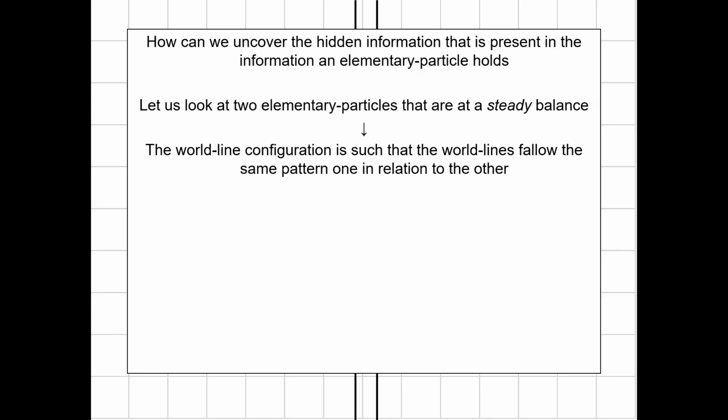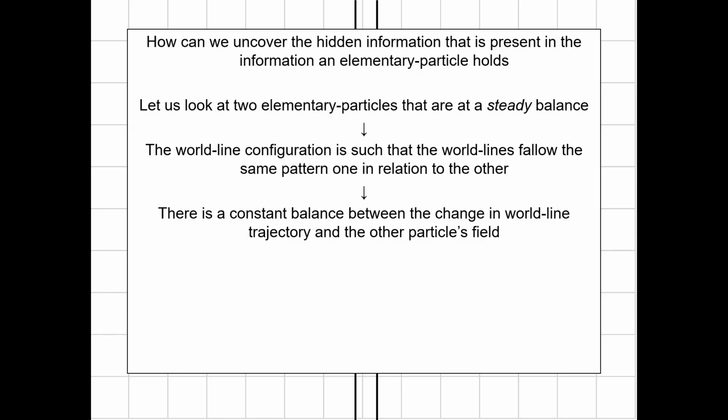So let's see how we can uncover the hidden information that is present in elementary particle fields. And for that, let us look at two elementary particles that are at a steady balance. And by steady we mean the world line configuration is such that the world lines follow the same pattern, one in relation to the other.